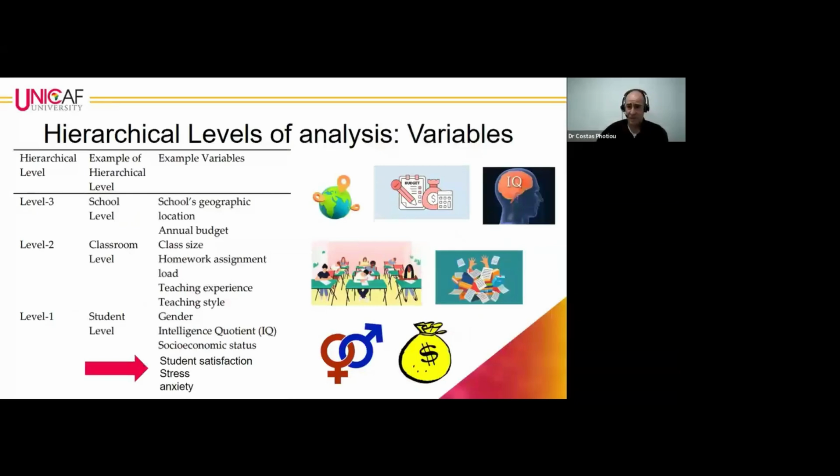Here we present some of the factors again, and on the lower part of my screen, you can see some additional factors that are added because the previous ones are taken from an example. So I've included the student satisfaction at level 1, which is the student level, and stress and anxiety.